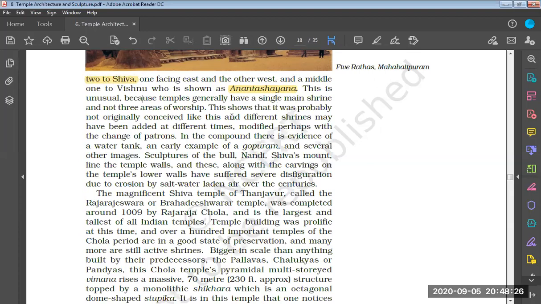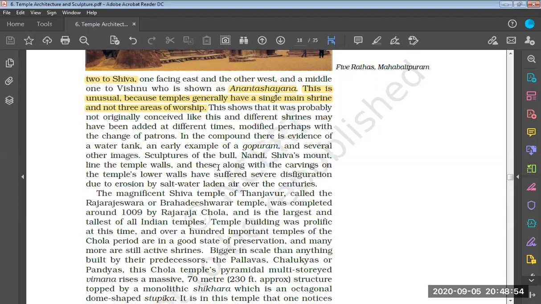This is unusual because temples generally have a single main shrine and not 3 areas of worship. So it is an exception, as usually only 1 shrine in each temple is there, but the Shore temple consists of 3 shrines. This shows that it was probably not originally conceived like this, and different shrines may have been added at different times, modified perhaps with a change of patrons.